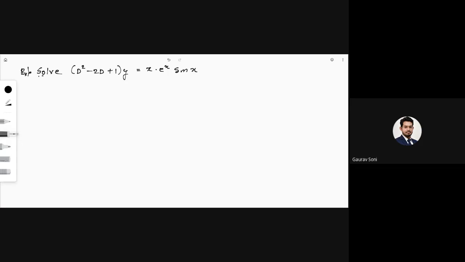Since the question is to be solved, I should find out yc as well as yp. So first of all, the auxiliary equation d square minus 2d plus 1 is equal to 0. So this is simply d minus 1 square is equal to 0, which means that d is equal to 1, 1.